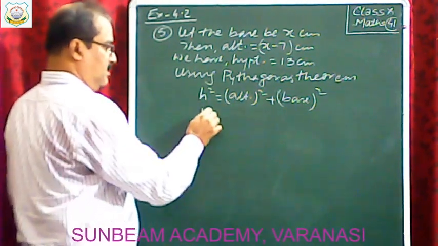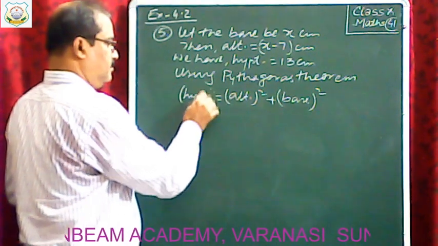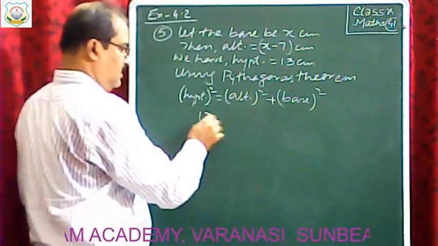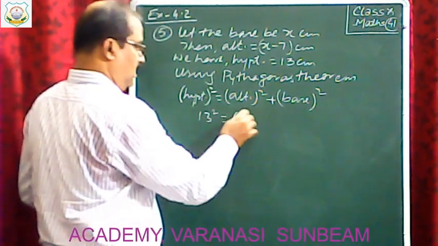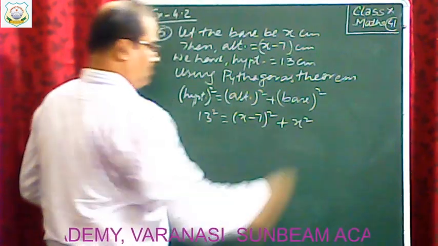Hypotenuse is given as 13, so 13² equal to (x − 7)² plus x².